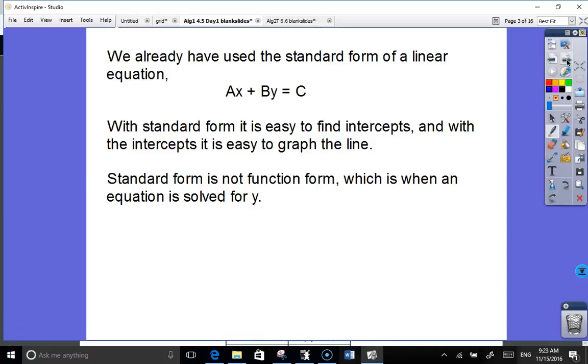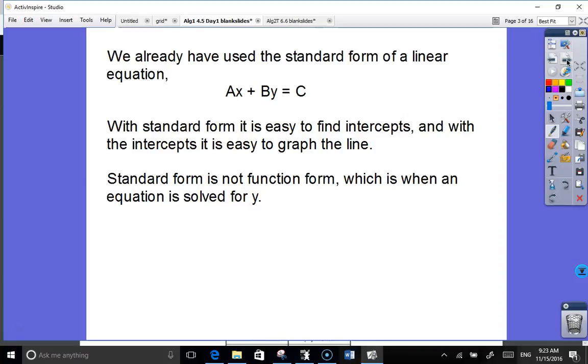So that's great, right? But that's not the function form, because when something's in function form, it's solved for y. Look at your calculator. The calculator's got a button on the top left which has y equals. That's for functions, right? That's what our calculator is for, to graph functions. And AX plus BY equals C, we don't actually have a way to put that in the calculator.